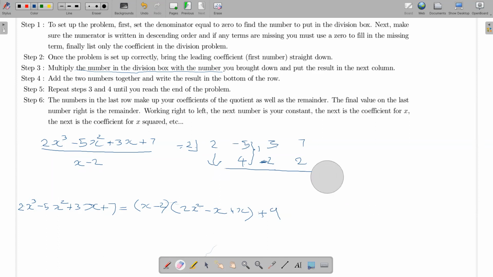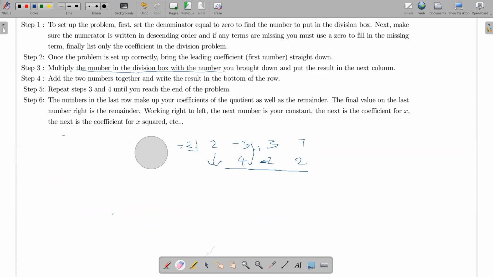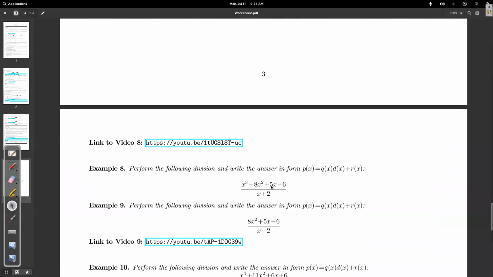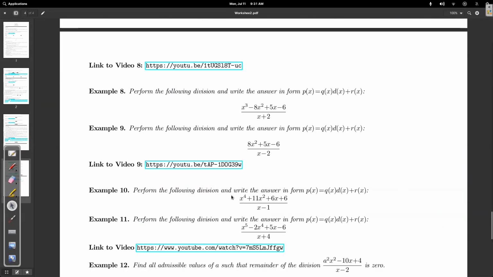Okay, so the number in the last column is the remainder. Okay, let's look at another one.